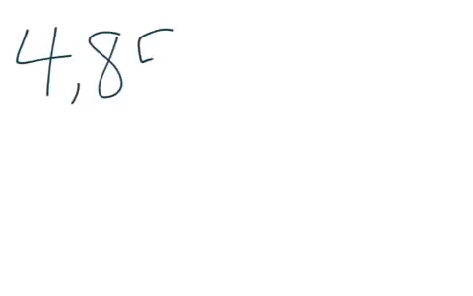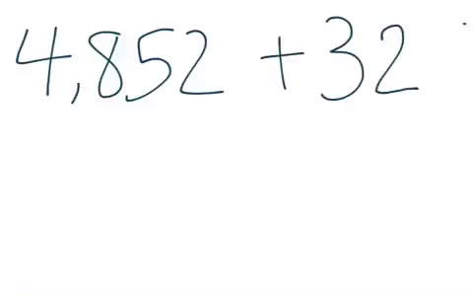I want us to look at another problem. Let's do 4,852 plus 325. I want you to hit the pause button and decide, do you want to use the place value drawing, the number line, or the standard algorithm to do this problem. So hit the pause button and make a decision, and then you can hit the play button again.